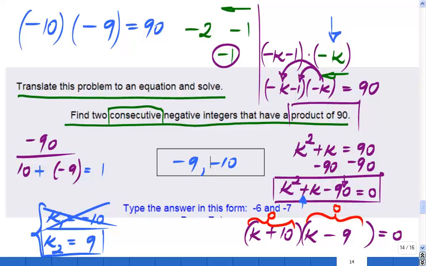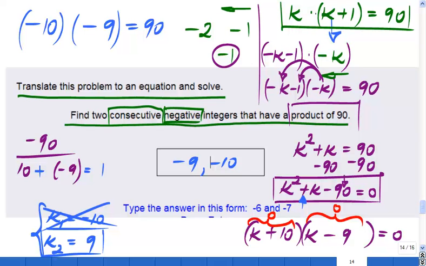And by the way, if from the beginning you would have started with k, what consecutive number from k do you have? You have k plus 1. Without discussing any negative integers, just assuming we have two integers, to be consecutive, you add 1 to the previous one. So your numbers will be k and k plus 1, and their product should be 90. As you can see, you end up with pretty much the same quadratic equation.